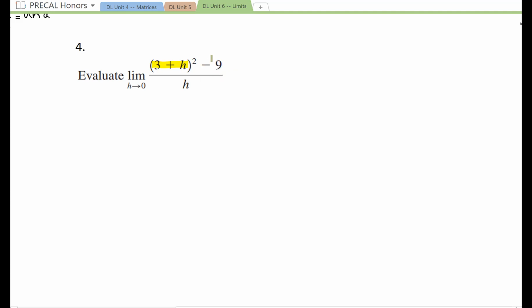So maybe if I expand this binomial, the 9's will reduce to 0, and every single term will have an h. That way I would no longer have an h in the denominator if I could factor and reduce. Let me show you what I'm talking about. Start by expanding (3 plus h) squared.